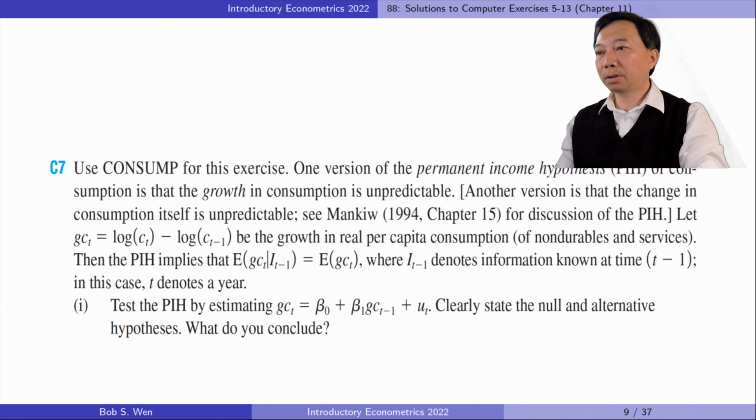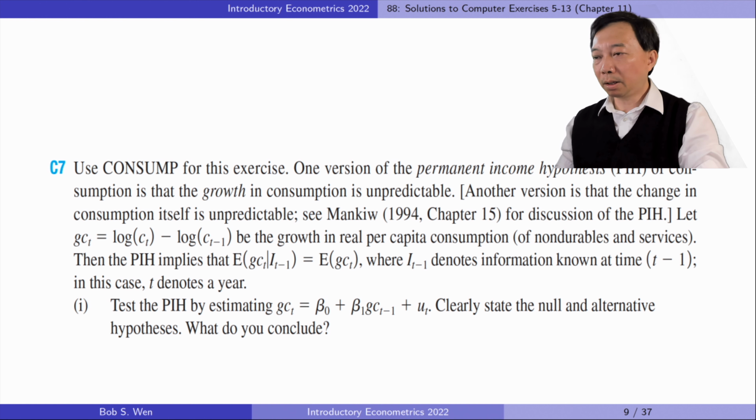Let's do computer exercise 7. One version of the permanent income hypothesis of consumption is that the growth in consumption is unpredictable. Let GC be the growth in real per capita consumption.